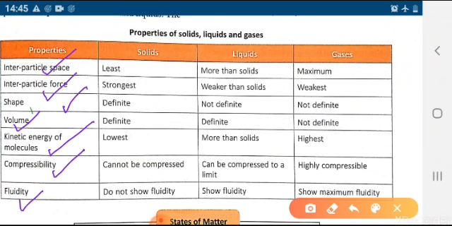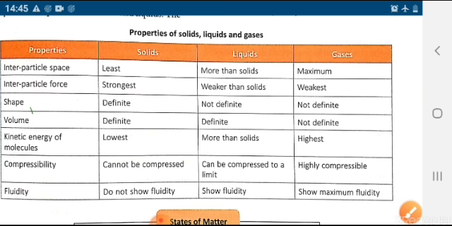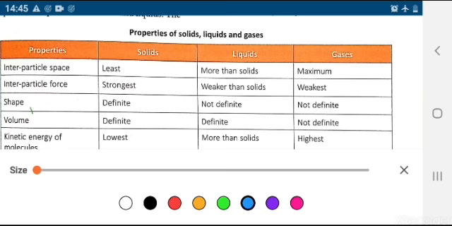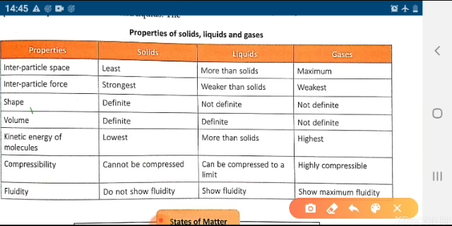You can see that in case of solid, the intermolecular space is least, whereas it is maximum in case of gases. And in case of solid, you can see that the intermolecular force is the strongest, whereas weakest in case of gases.